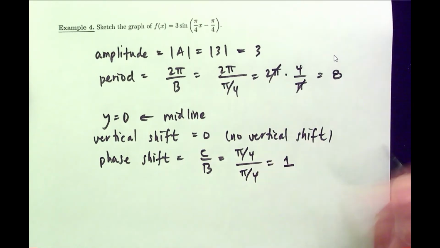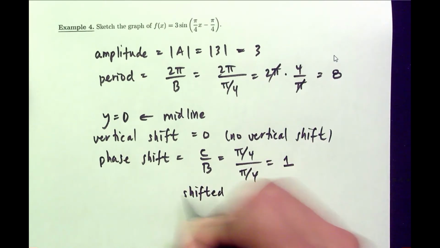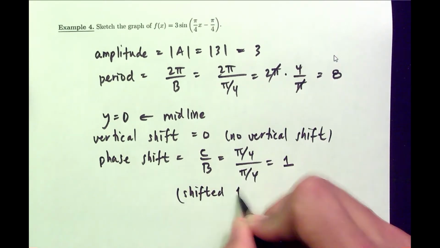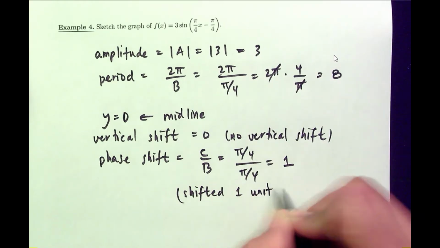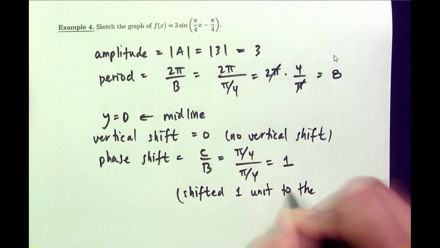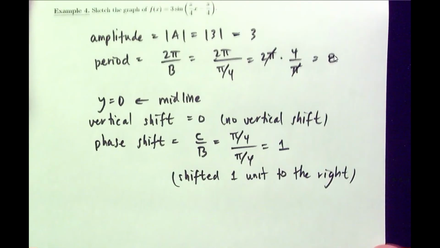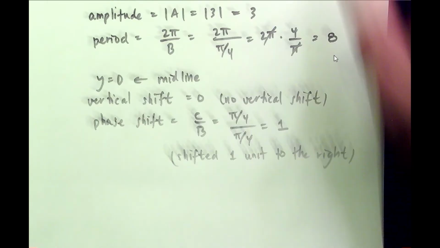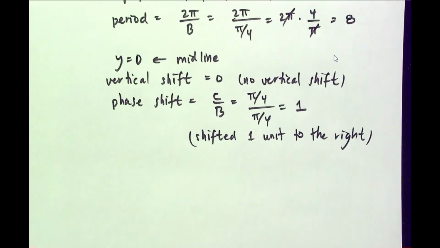And this is 1. So that means the graph is shifted 1 unit to the right. Because we got positive. If we get negative, that means to the left. Okay, now we're ready. So that's it. We're pretty much ready. Let's draw our axis.